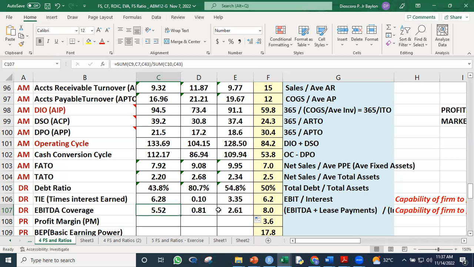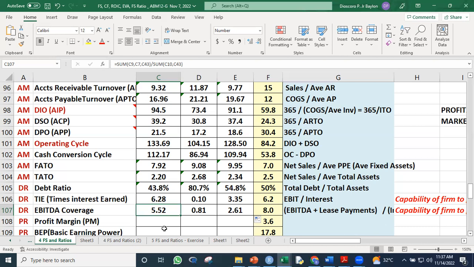Okay, so ito yung progression nila, no? Okay? More capable siya in 2021 kasi for every peso of fixed payment, fixed debt, no? Fixed, what's the term for that? Fixed debt payments, fixed payment obligations. Okay, fixed payment obligations. It had 5 pesos and 52 centavos.